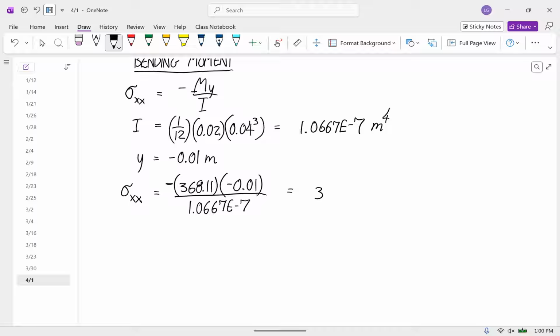And you get 3.451 times 10 to the 7 pascals.